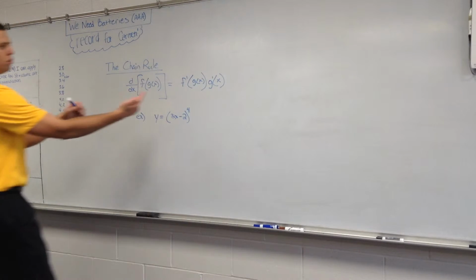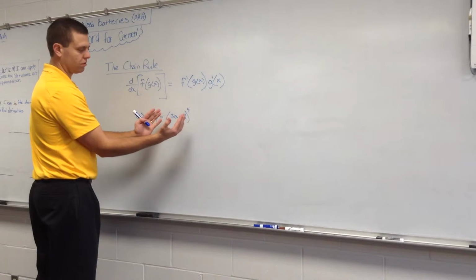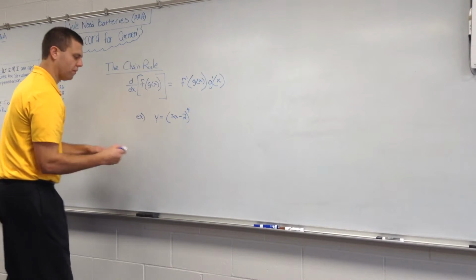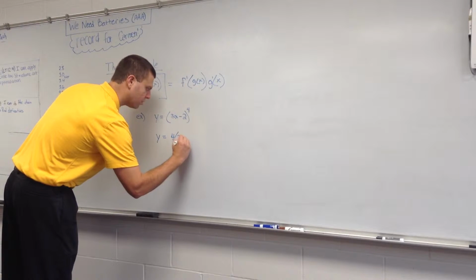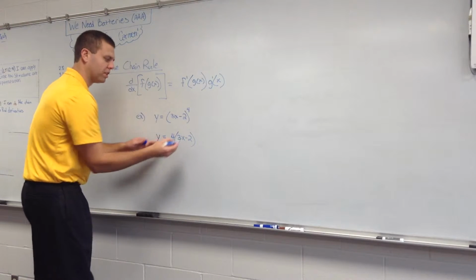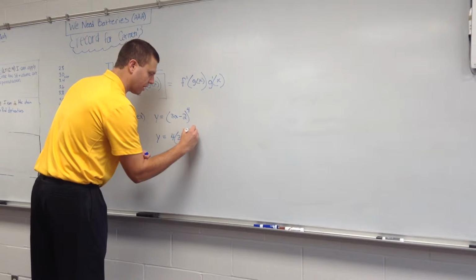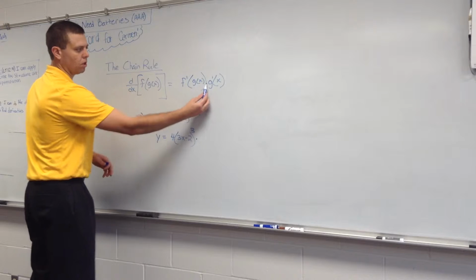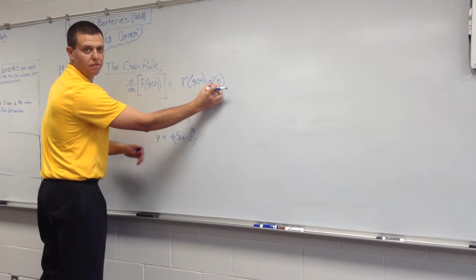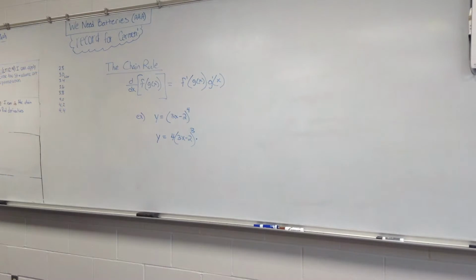You're still doing the derivative of this function, but after you do the derivative where you pretended that was just a regular x, then you need to multiply it by the derivative of what you just left alone. So in this case, 3.